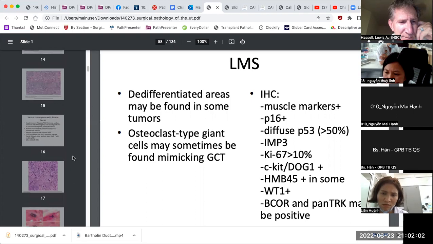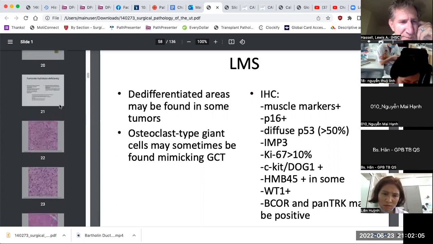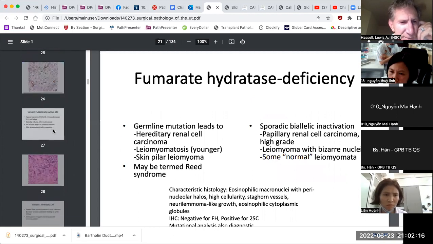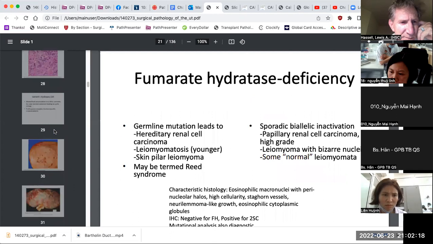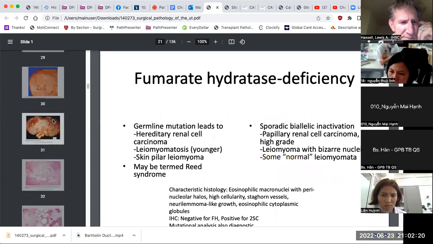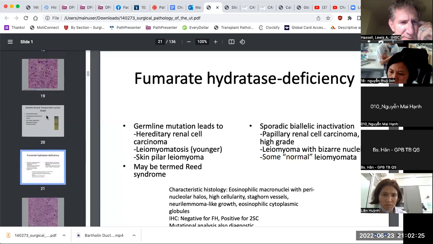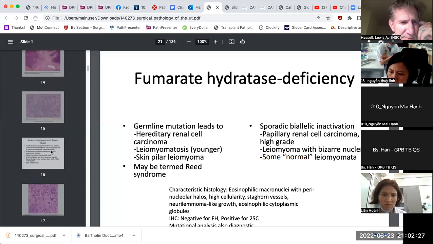Can we diagnose STUMP for this tumor? And the second question is, can you distinguish between the leiomyoma with the bigger nuclei and fumarate hydratase deficiency? What is the useful marker to differentiate between the two tumors?